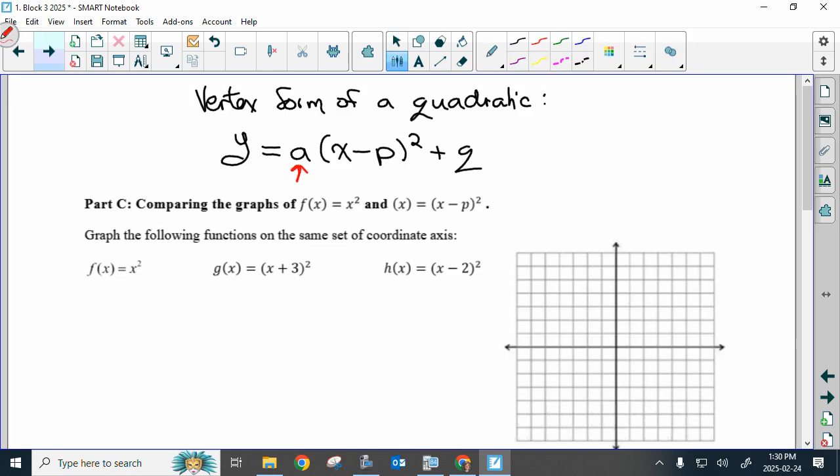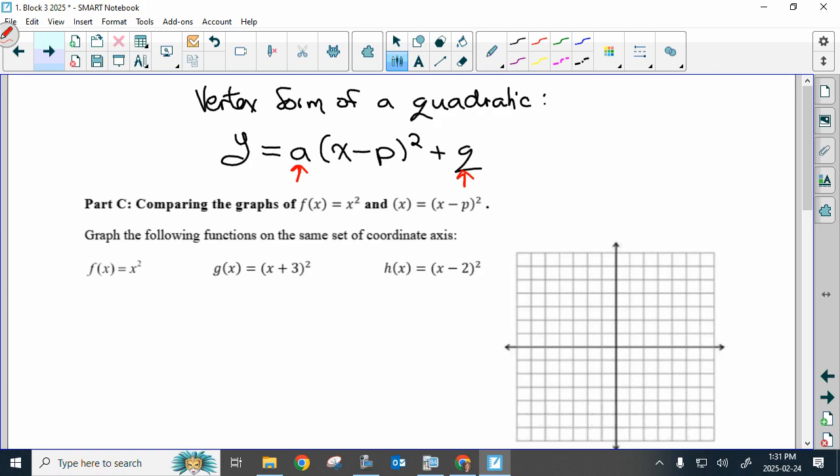They told us two things. If a was negative, we'd have a reflection across the x-axis. If a was positive, we stay opening up, right? If a was a number, we'd have a vertical stretch by a factor of a. And then we said q is going to move the parabola up or down. The q value is going to be the y value of your vertex. Now we have to dive into p.